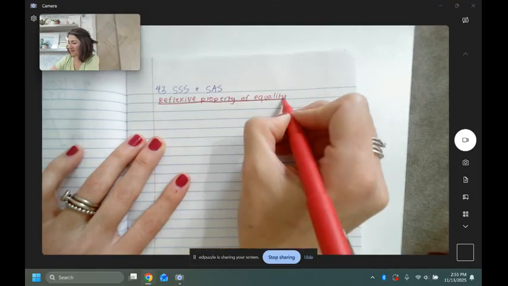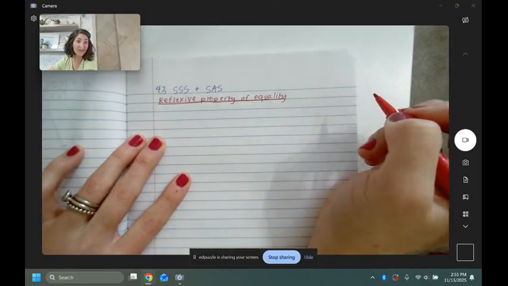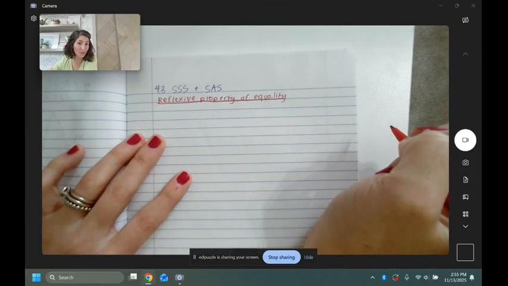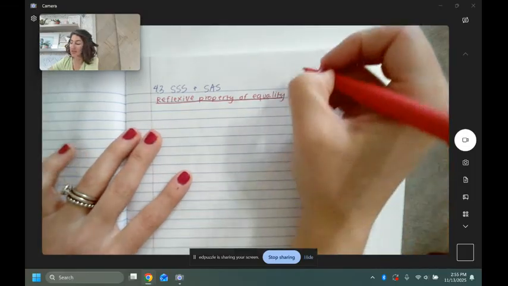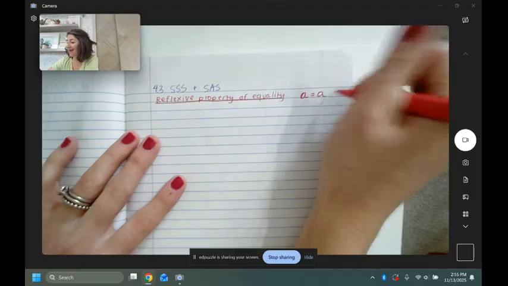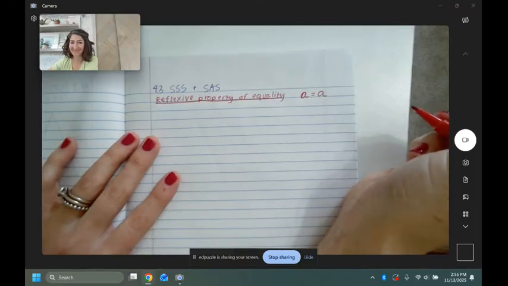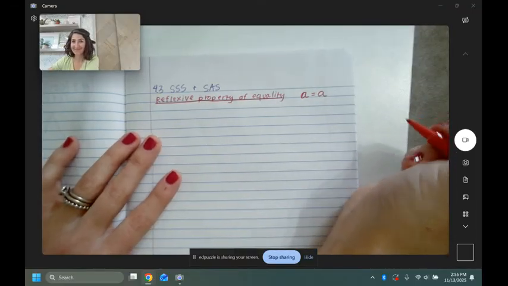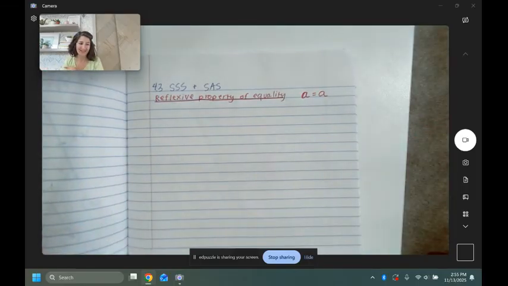I didn't define it because you didn't use it at all the last time we did proofs, but you're going to use it this time around. And what it says is A equals A. That's it. So anytime I have two things that are equal, I can say that they're also equal in length.